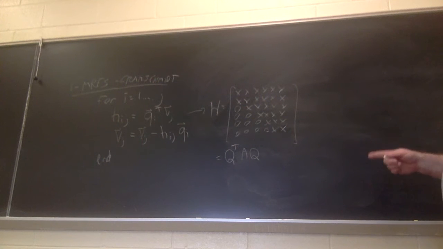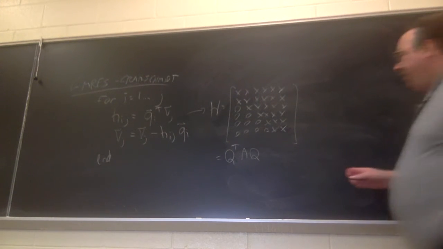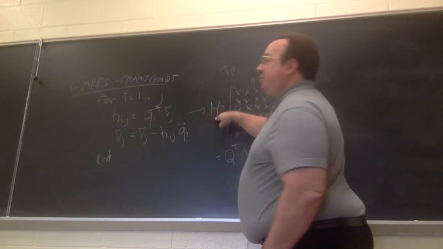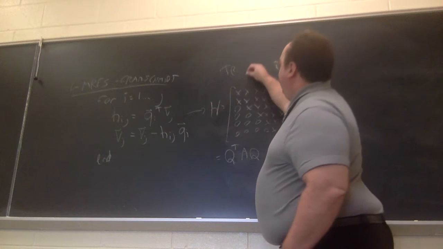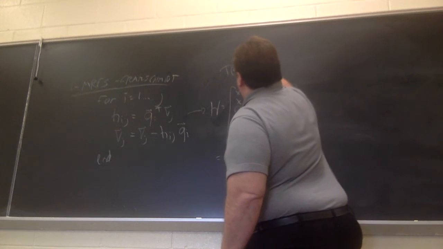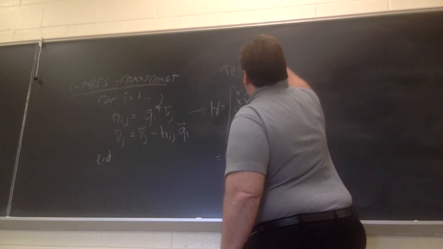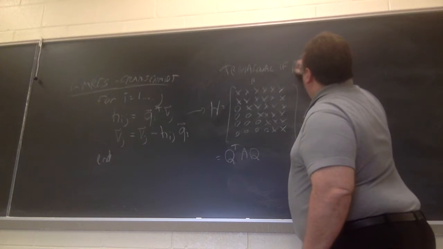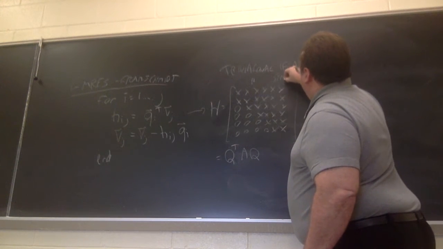Now for MinRes, because H also satisfies that relationship and A is symmetric, H is symmetric in that case. A Hessenberg matrix that is also symmetric is going to be tridiagonal.